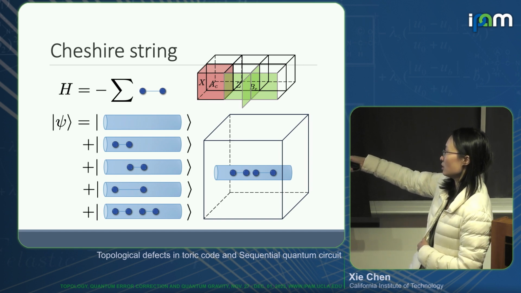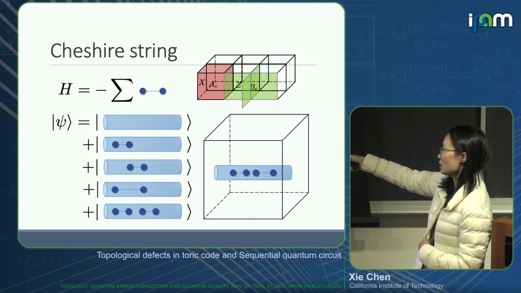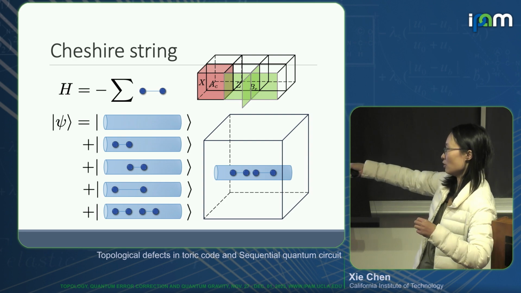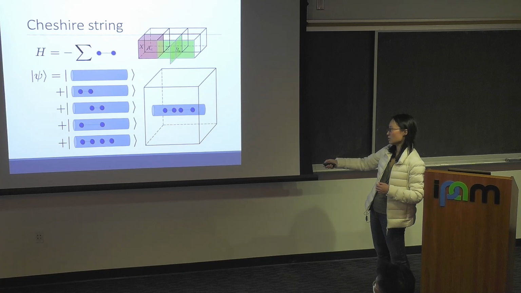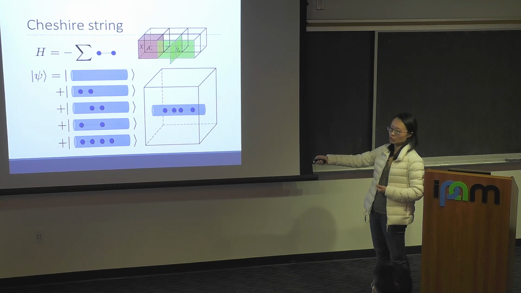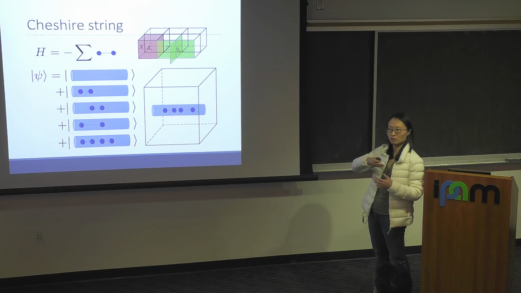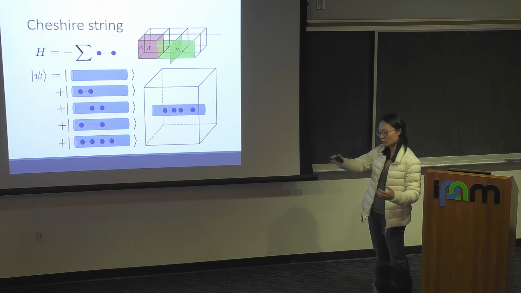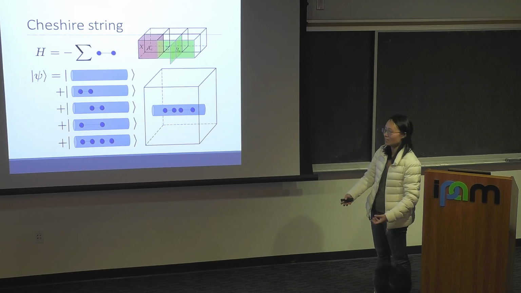It becomes a superposition of no excitations, a pair of excitations here, a pair of excitations here, a pair of excitations separated far away, and 4 excitations, and basically all possible even numbers of excitations in any kind of spatial configuration. And this is what we call a charge condensate, basically. If you have a superposition of all possible configurations of charge, the charge is condensed.